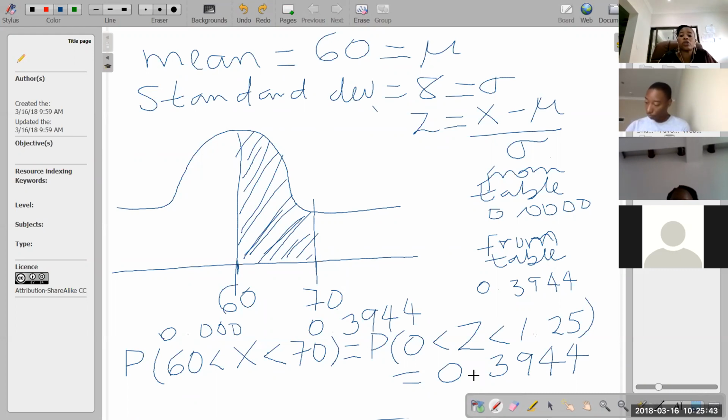To interpret this, you can say there is a 39.44% chance that a student taking the exam will finish between 60 and 70 minutes.